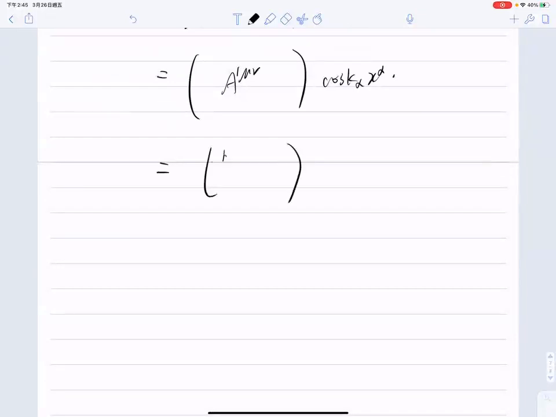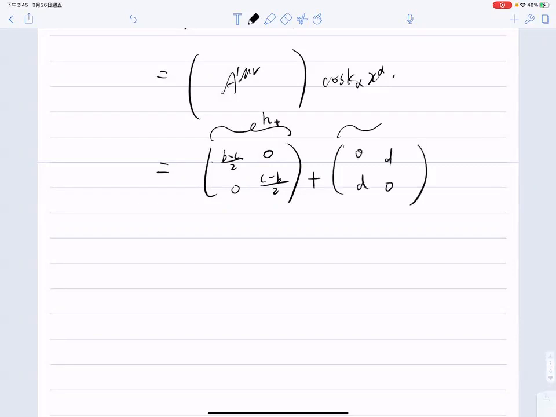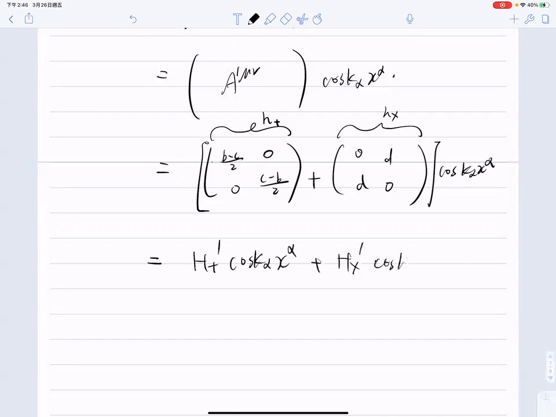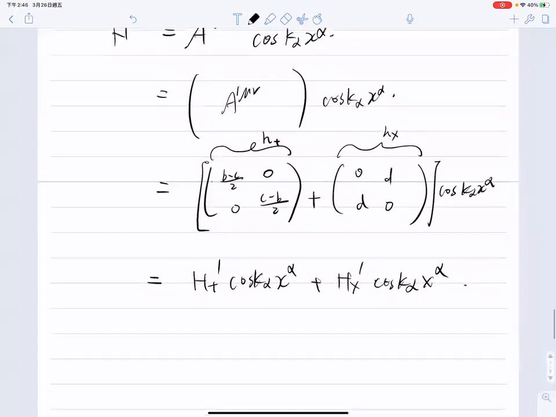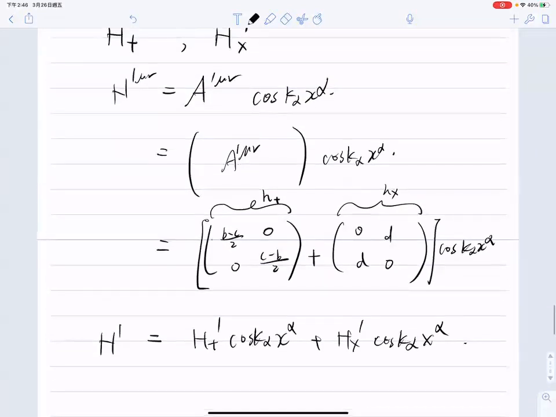Okay, very easy matrix decomposition. Okay, this is the H plus component. Here is the H cross component times the wave component. Finally, you can achieve something like this. All right, here, which is, yeah, done.